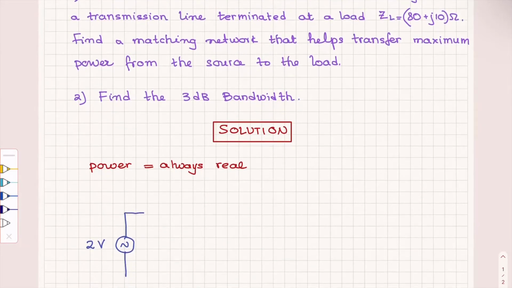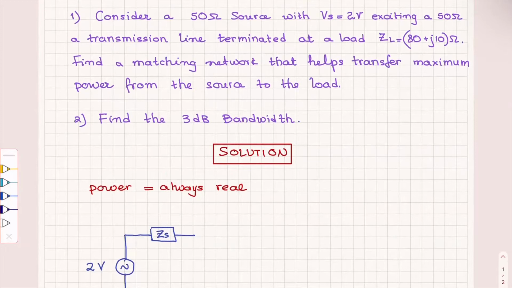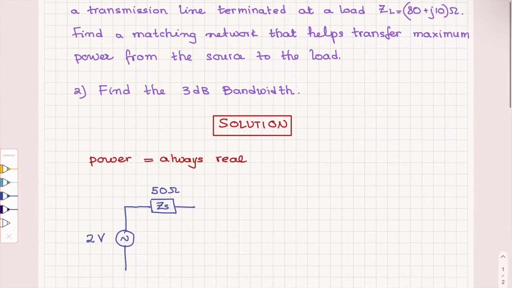Okay, and then it has an internal impedance, Z sub S. And Z sub S, it says, consider a 50 ohm source, means that Z sub S is 50 ohms. So practically, what does it mean? That the internal impedance of the voltage source is resistive, 50 ohms, it's a resistor.